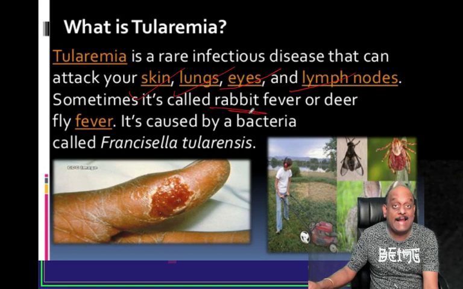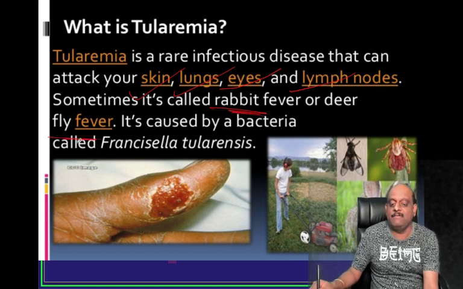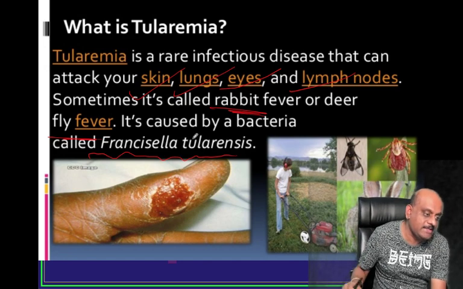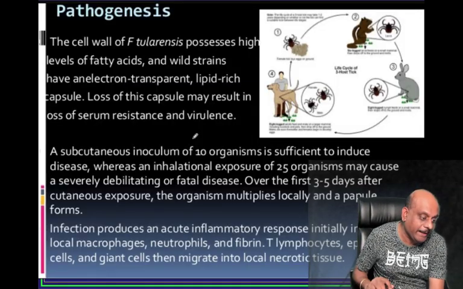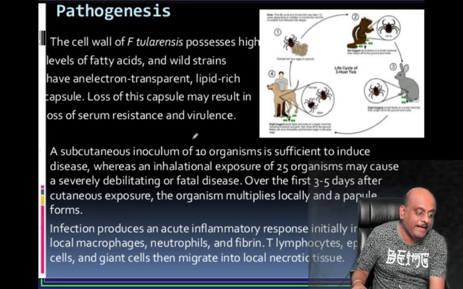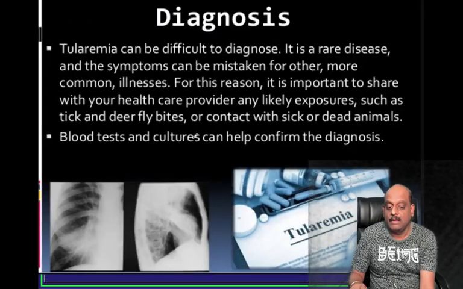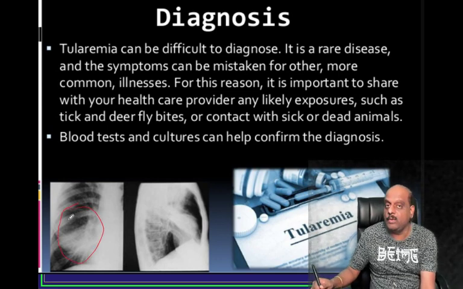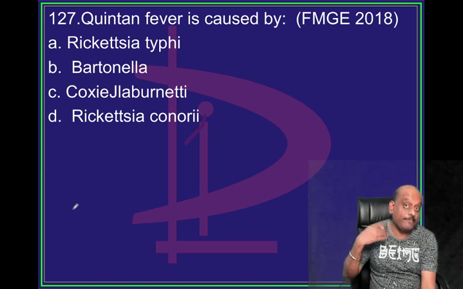It is also called rabbit fever, deer fly fever, caused by Francisella tularensis, is what you need to remember. That's right. Chickenpox, dewdrop on petal. Now, doctor, this is how it leads to affliction in the form of pneumonia.